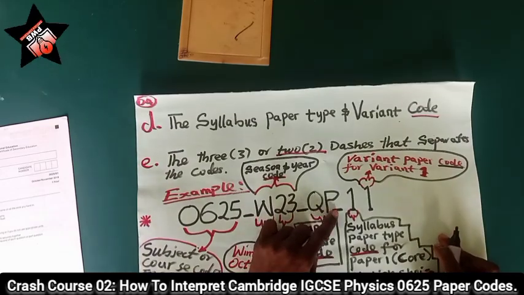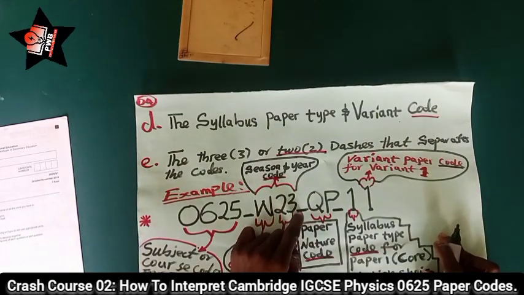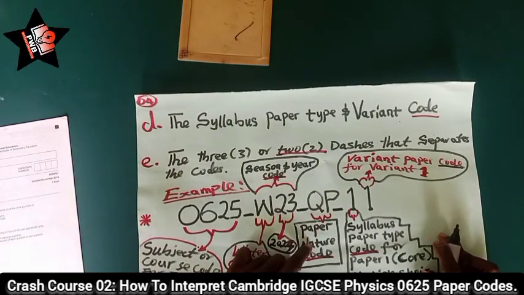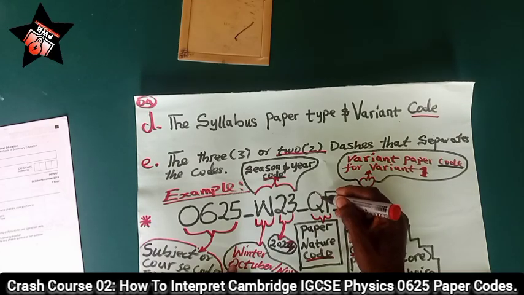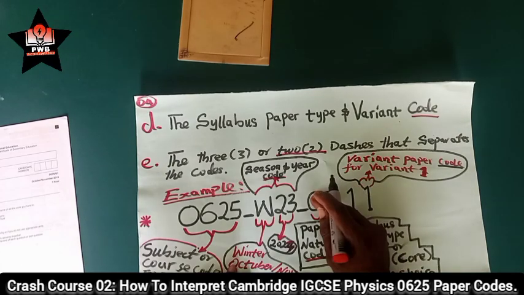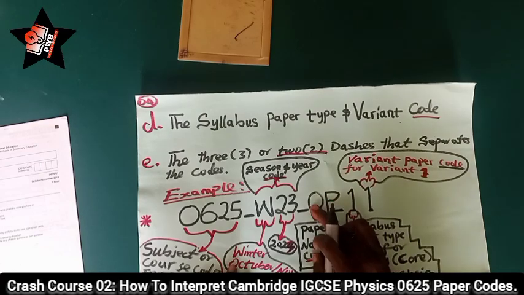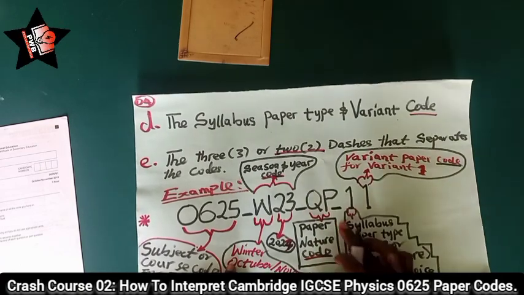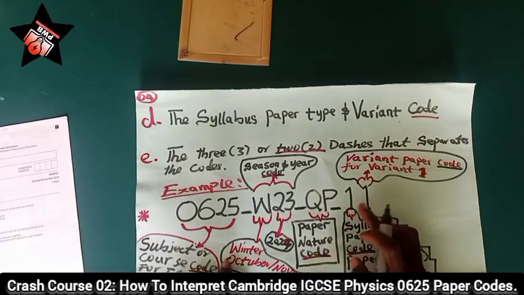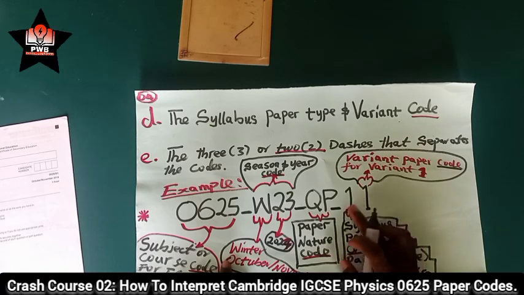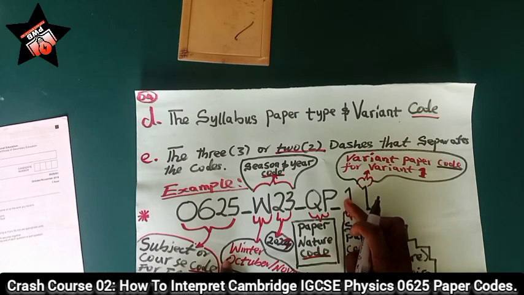Next up, you have the QP, separated with a dash here. QP means paper nature code. In this case, it means question paper. Next up, you have a dash, and then you have 11. This 11, the first one here means something.